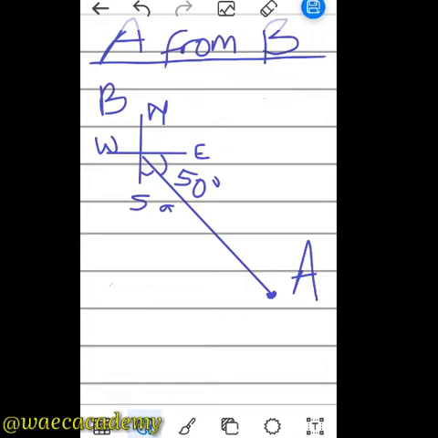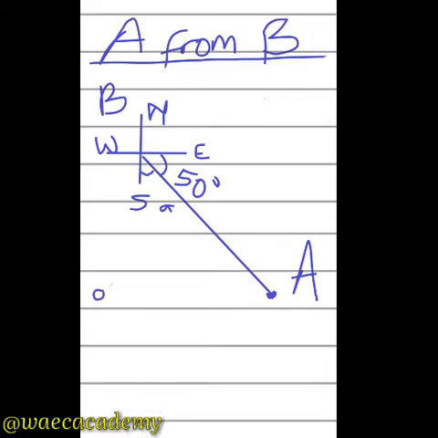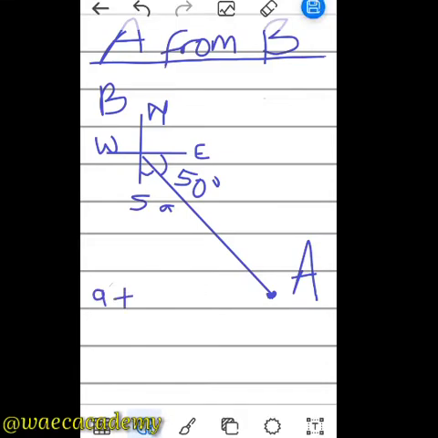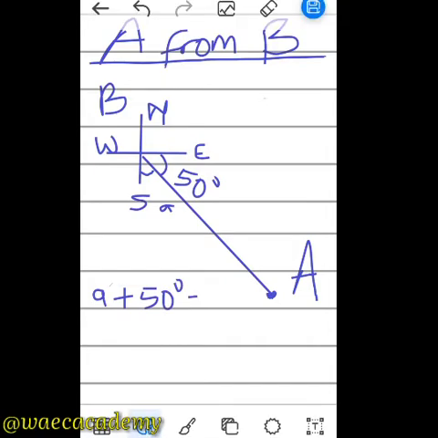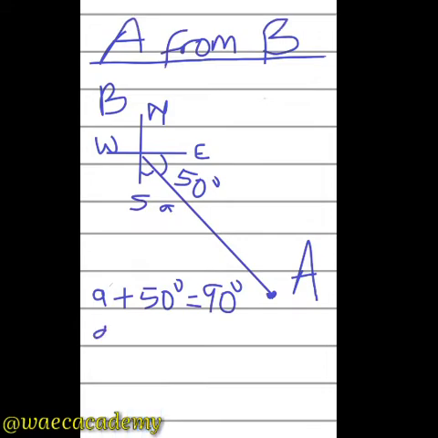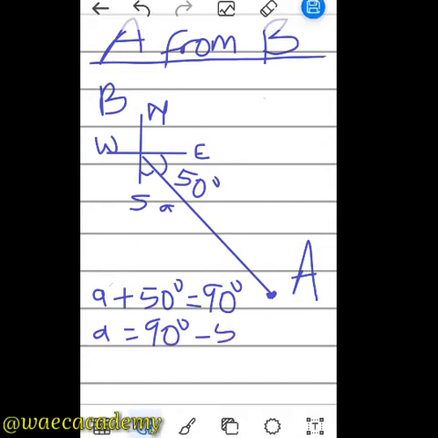So we know that A plus 50 degrees is going to be equal to 90 degrees. If A plus 50 degrees equals 90 degrees, what is A? Easily we can say A equals 90 degrees minus 50 degrees.